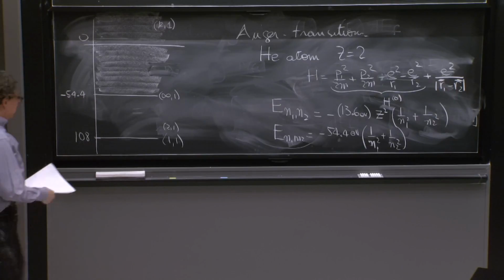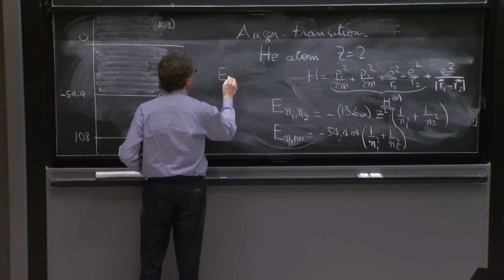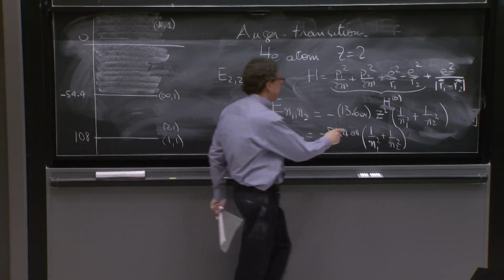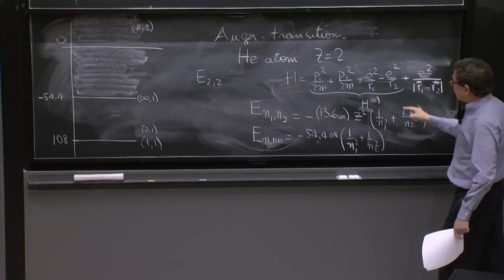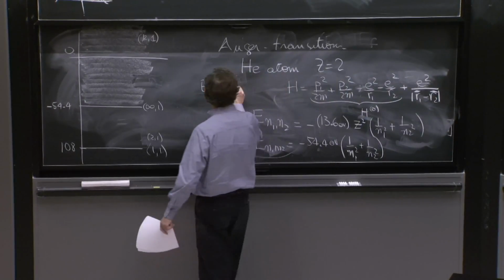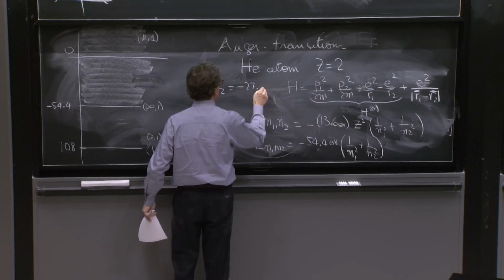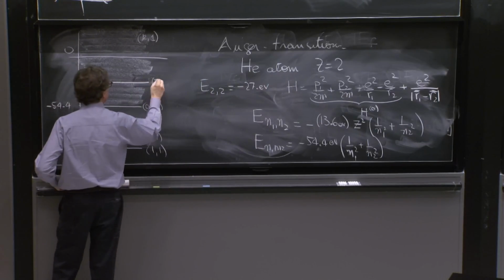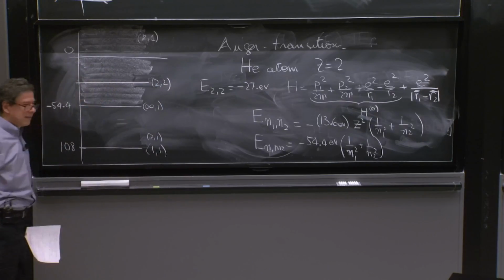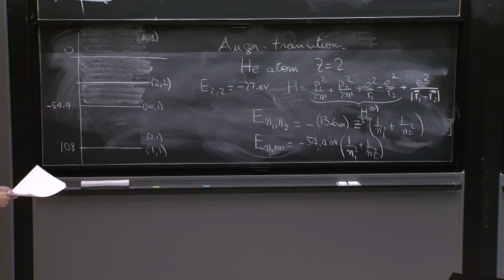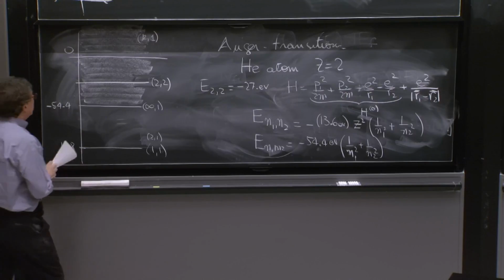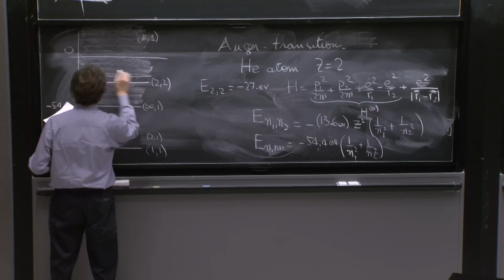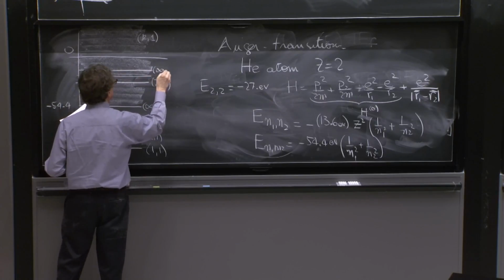Then, for example, consider the state (2,2). This happens to be 1/4 plus 1/4, which is 1/2. So this is at minus 27 eV. It's right here in the middle. This is the state (2,2). After the state (2,2), there are the states (3,2), (4,2), (5,2), (infinity,2).